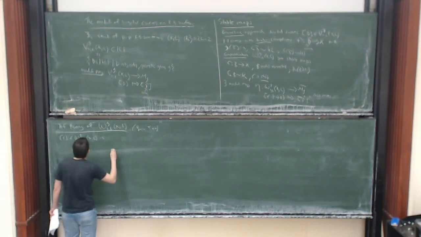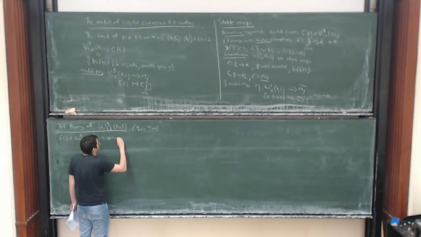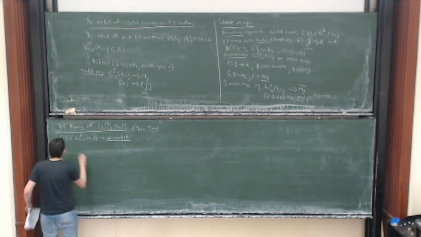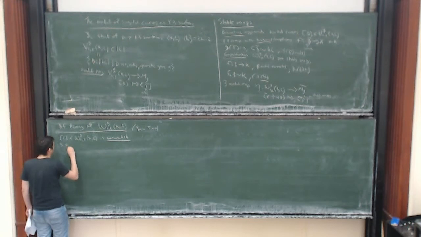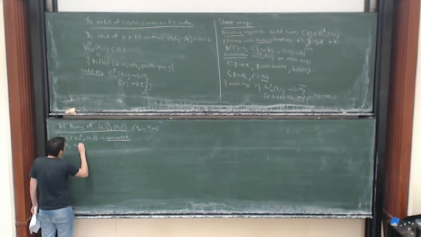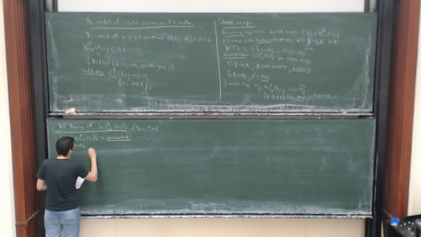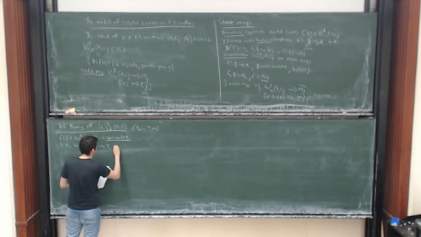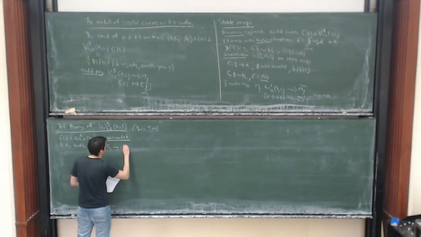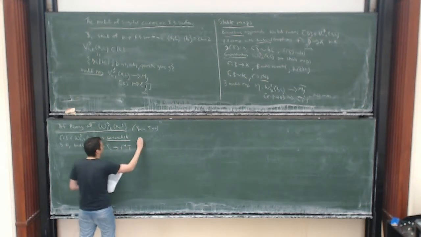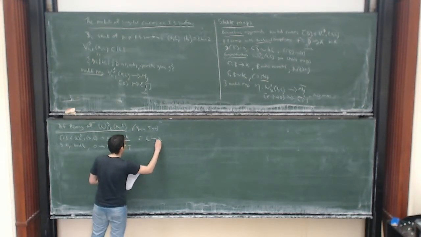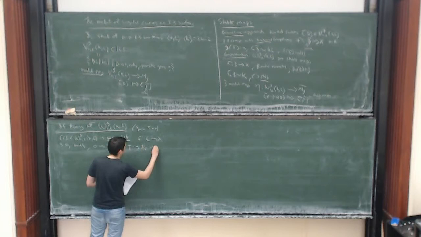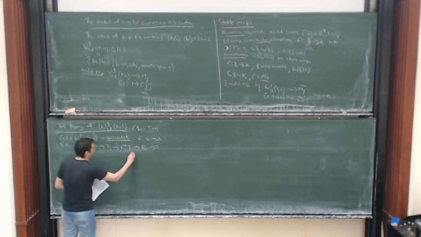If we assume that f is unramified, then there exists a bundle called the normal bundle of the morphism, fitting into an exact sequence. F is a map from C to X. Okay, so by definition, the normal bundle fits into this sequence.